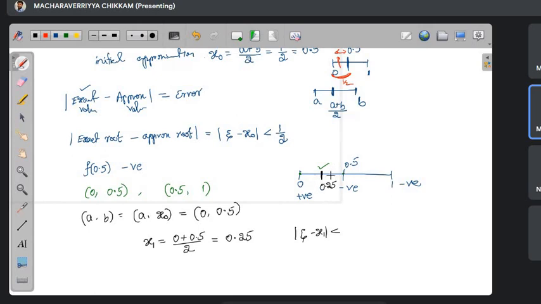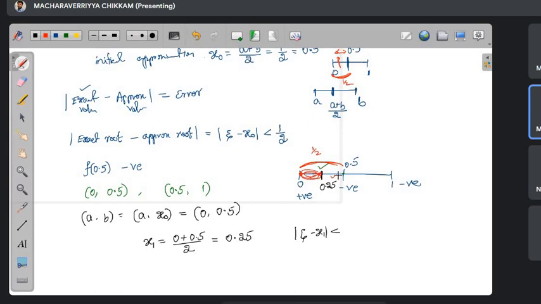Why? Because earlier we approximated 0.5 as the root. So the distance between the exact root and the approximated root was less than 1/2. Now the total length of this interval is actually 1/2, but we know the root lies either here or here. So I just need to calculate the length of one of these intervals.